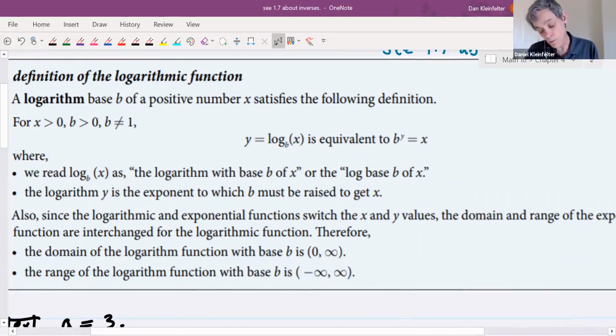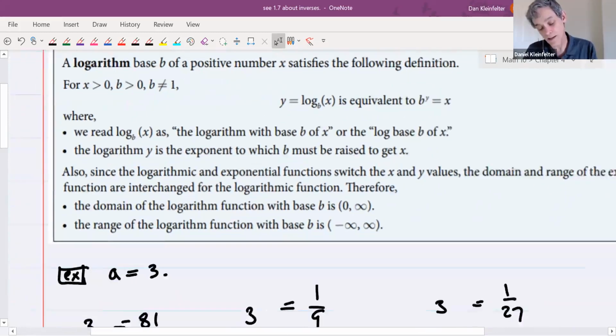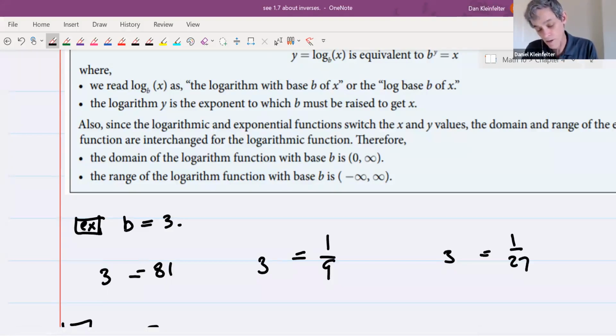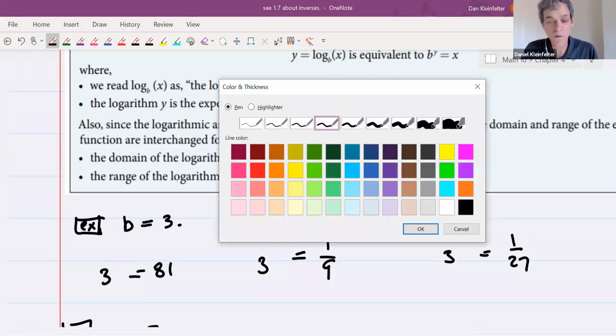Before I read off any more of that, I want to go into a couple of examples. Suppose that we have a base b of 3. We know how exponential functions work. If I asked what's 3 squared, you could tell me. 3 to the 4th power, you could tell me. If I give you an exponent, you can tell me the value.